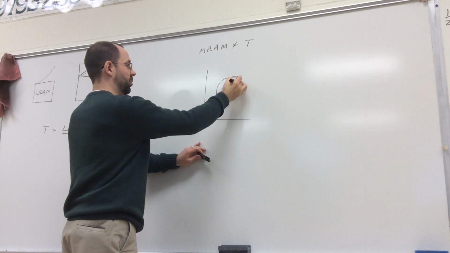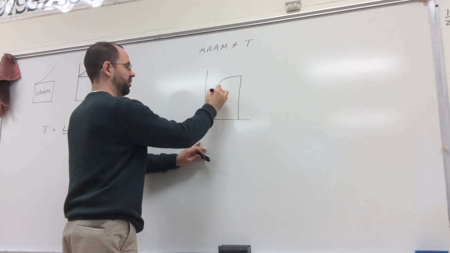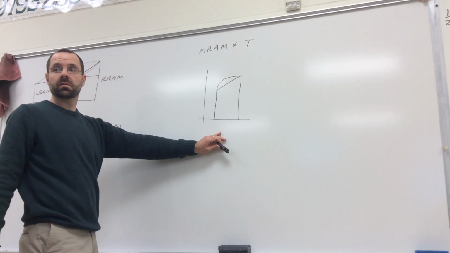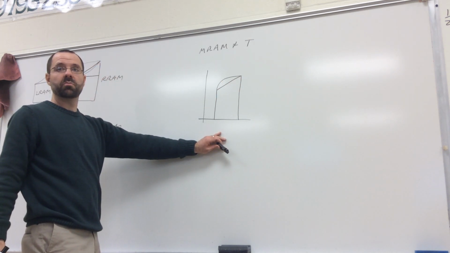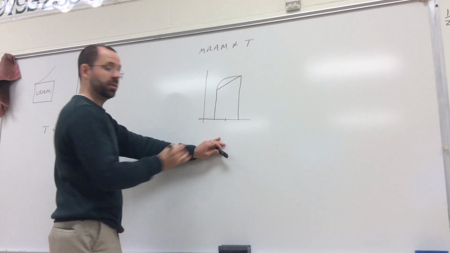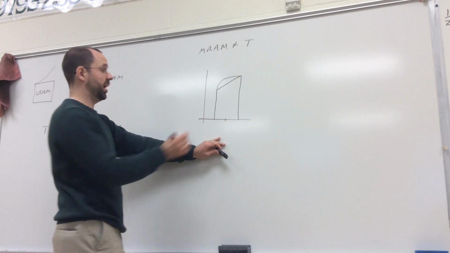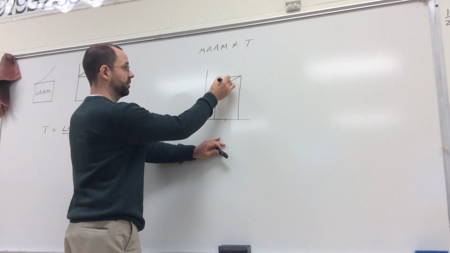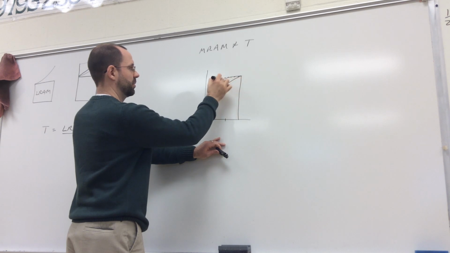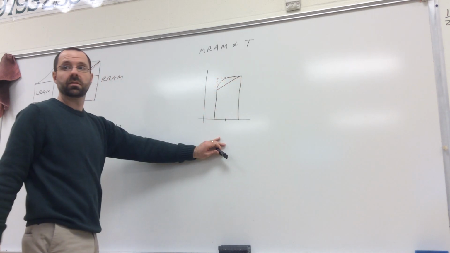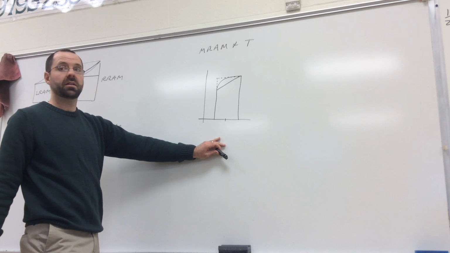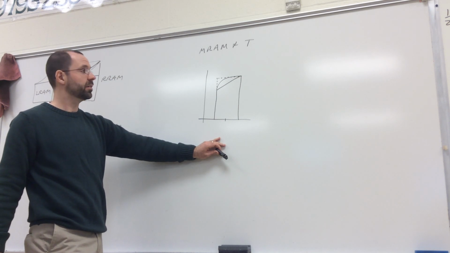For the trapezoidal approximation, I would do this, right? But for MRAM, I would go to the middle and choose the height there. So there you can tell that MRAM and T are very different.